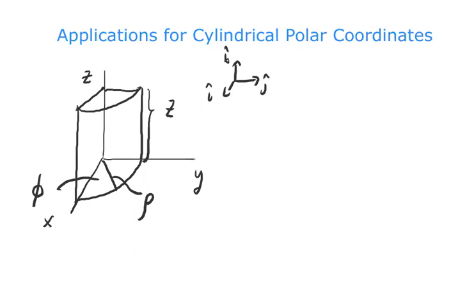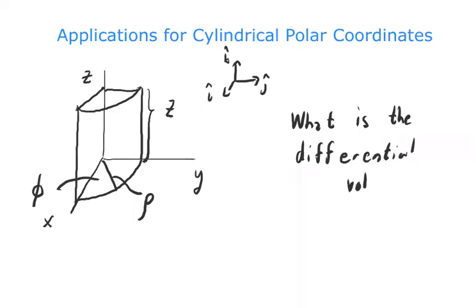So the next thing I want to do is ask myself, what is the differential volume element dV for cylindrical polar coordinates? I know what it is in Cartesian coordinates. It's just dx, dy, dz.